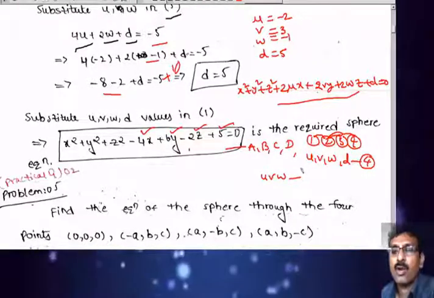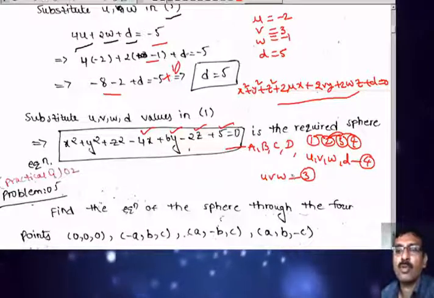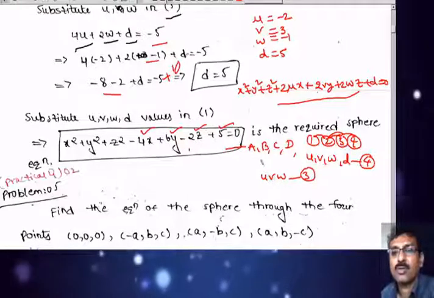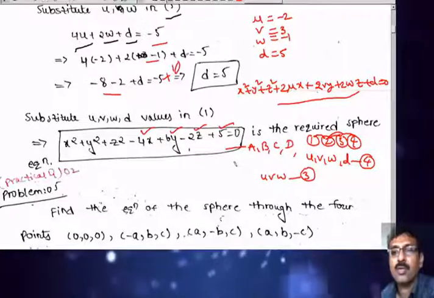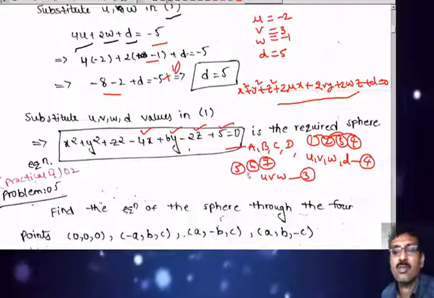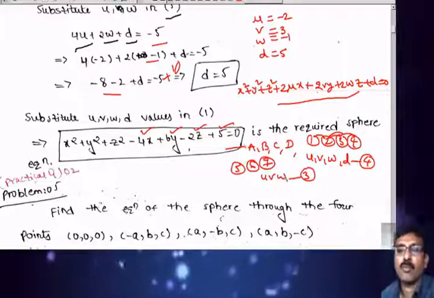So we have three equations having u, v, w. In these equations d is absent, so we can call them the fifth, sixth and seventh equations.